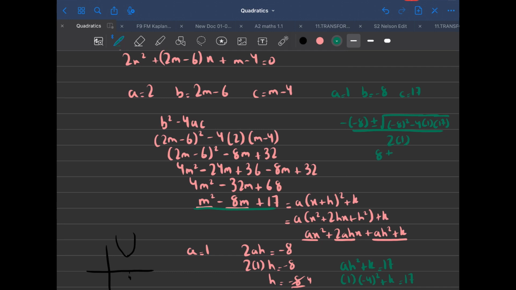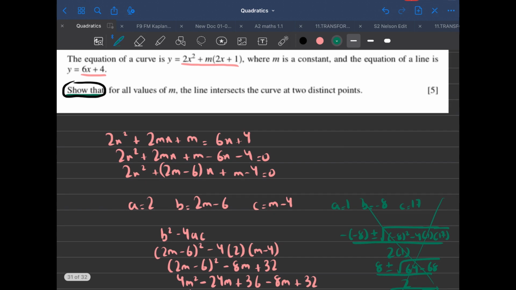So it's going to be 8 plus minus 64 minus 4 into 17 is what? 68. And they got like this, minus 4 upon 2. And then they panicked. It's not possible. So please, you don't have to do this. You don't have to find the value. It says show that. Got this?